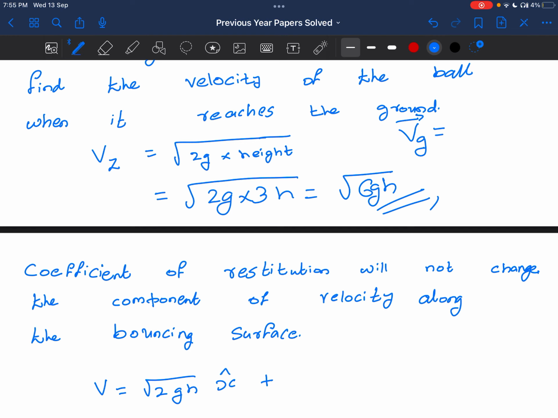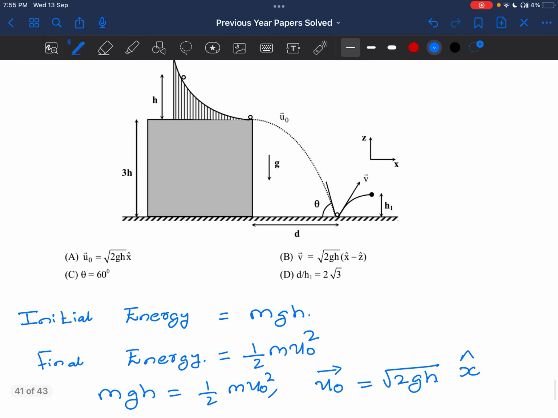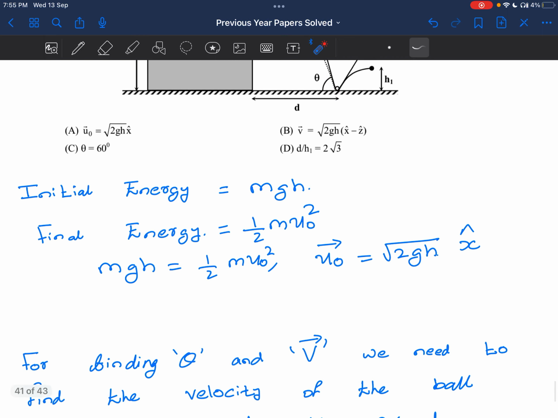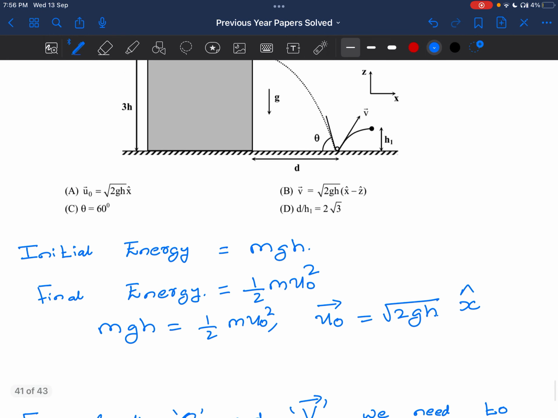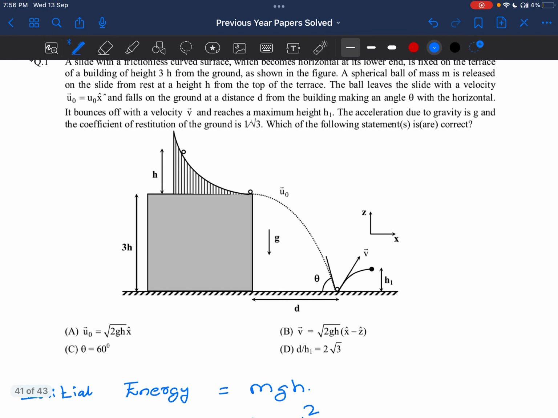Vg is the velocity with which the ball is hitting the ground. The horizontal component is not changing here, so it is root 2gh only. So root 2gh x cap plus root 6gh z cap, which is the vertical component here. Z is a vertical component here, as you can see.